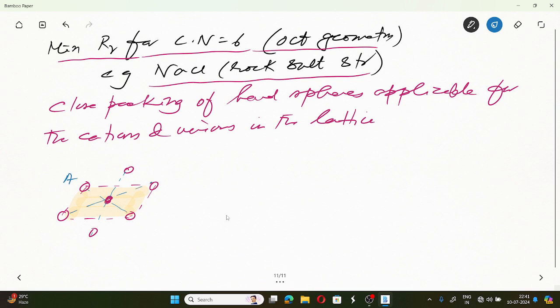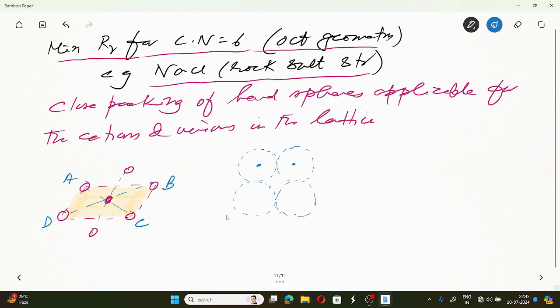Let us consider this planar portion only, A, B, C, D. So in this planar portion, if we assume close packing of hard spheres, the situation is like this, and at the center will be the cation.